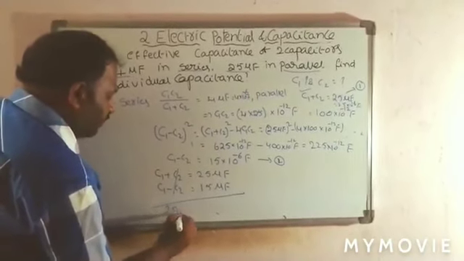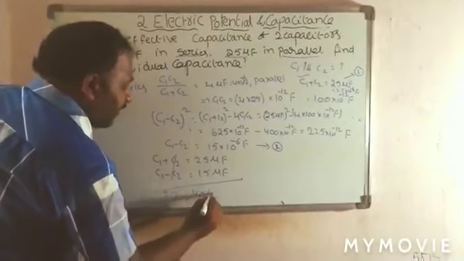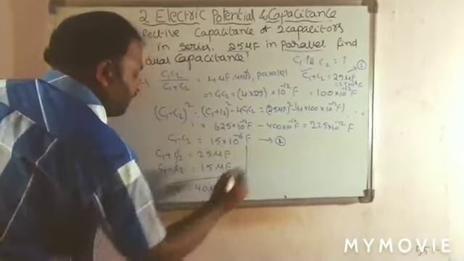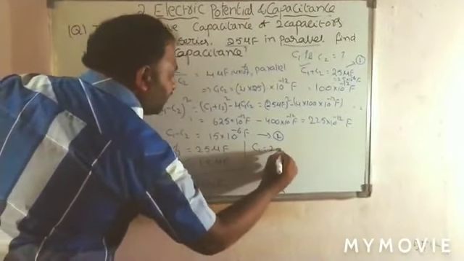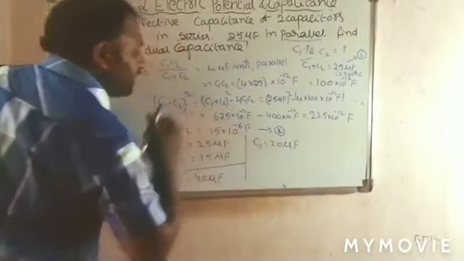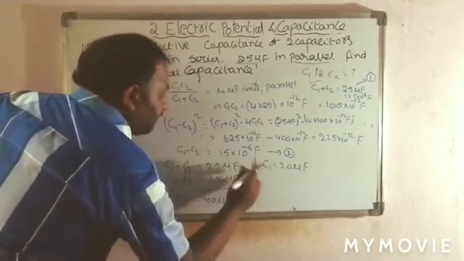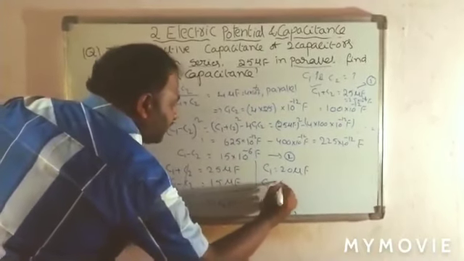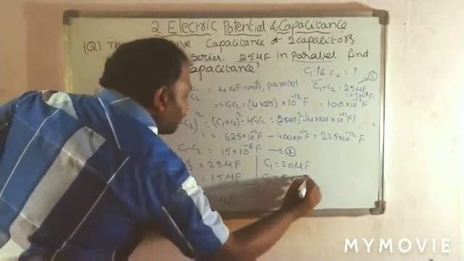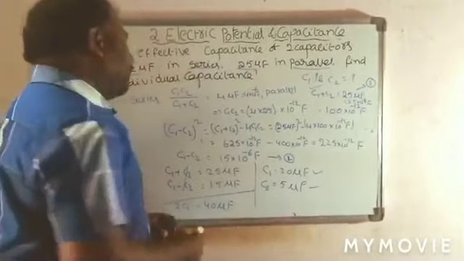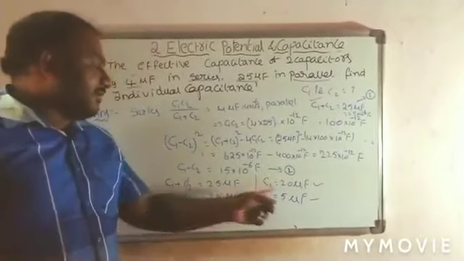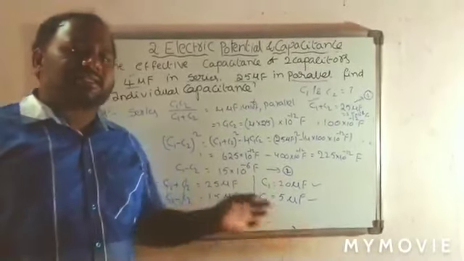It is 2 C1 is equal to 40 microfarad. From this, C1 is equal to 20 microfarad. When C1 is 20 microfarad, substitute in equation 1. C2 is equal to 5 microfarad. So like that we calculate the C1 and C2 values in this way.